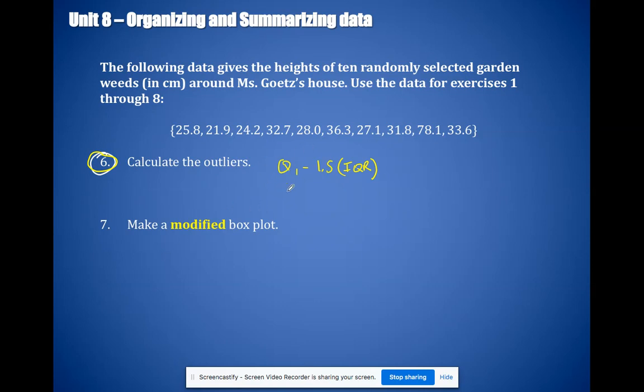So this is an outlier if I take my Q1 and subtract 1.5 times my interquartile range. That's on the left end. And then on the right end, if I have any outliers on the right end, take your Q3 and add 1.5 times your interquartile range.